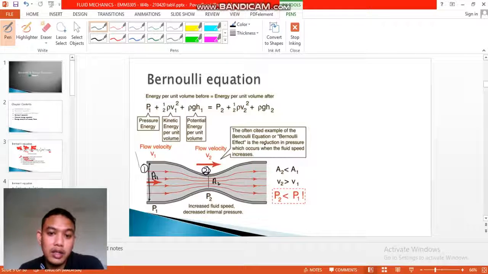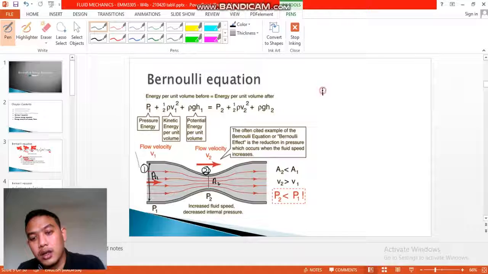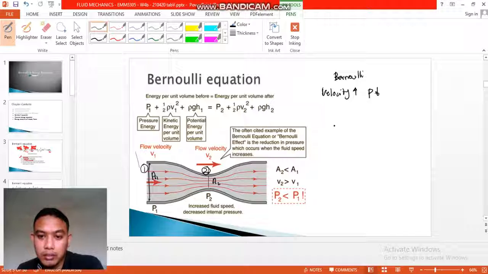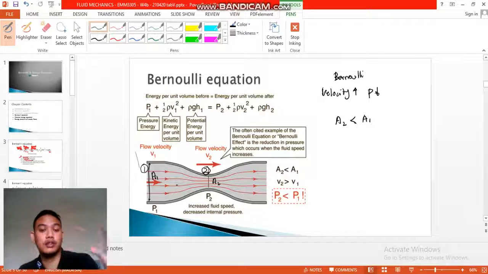In this case, the Bernoulli effect is normally related to the reduction in pressure which occurs when the fluid speed increases. Bernoulli said that when velocity increases, pressure automatically decreases. This is the Bernoulli equation concept. We know that A2, the area of the orifice, is smaller than A1.